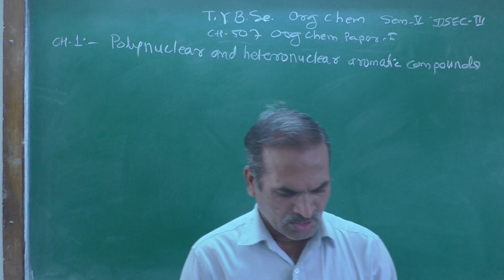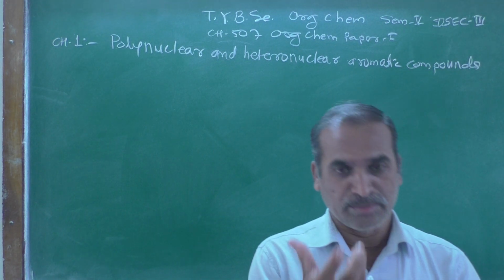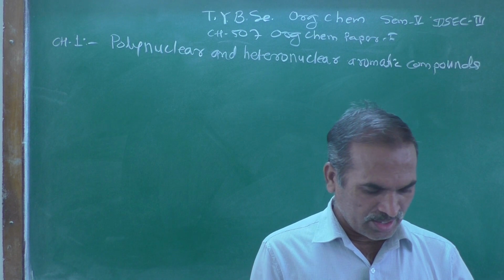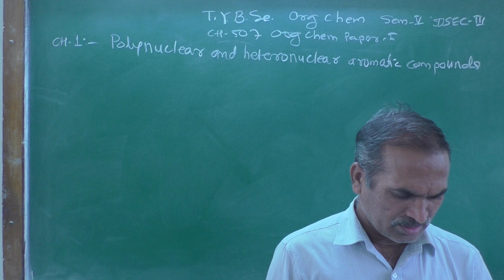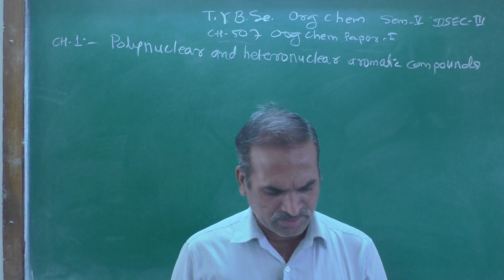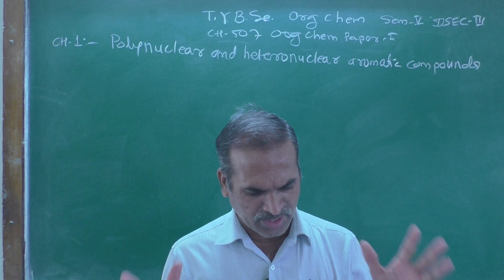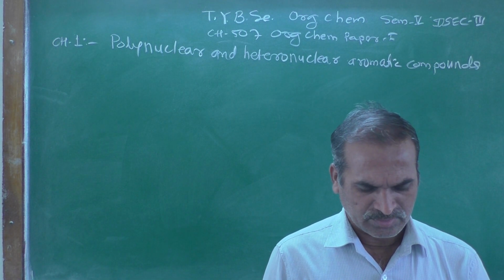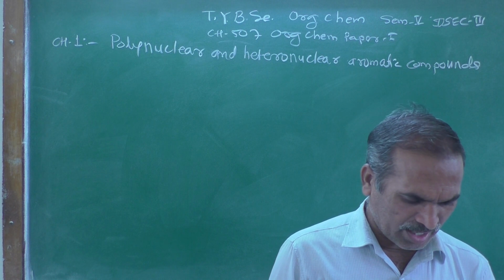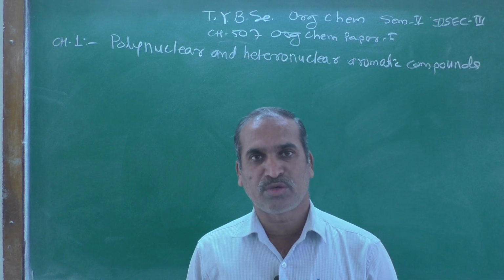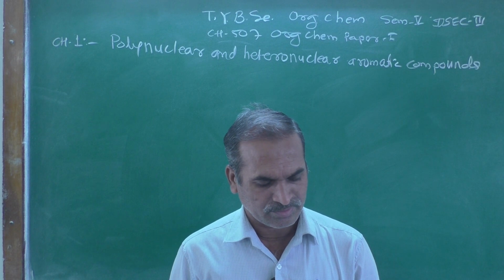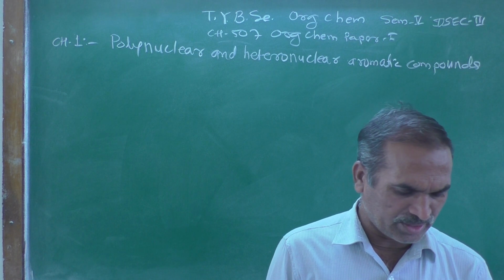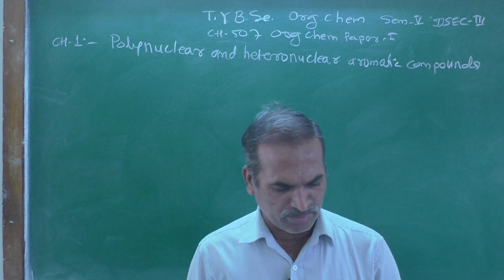Essentially, aromatic compounds are generally cyclic compounds that contain rings formed by the same atom, that is carbon atoms, having a conjugated double bond system within the ring, said to be monocyclic aromatic compounds.